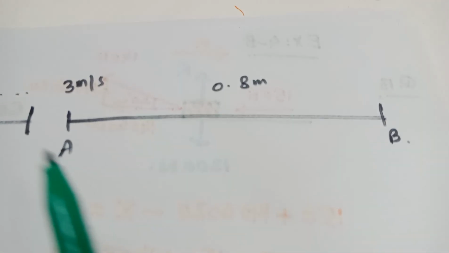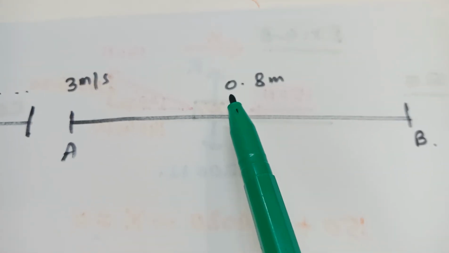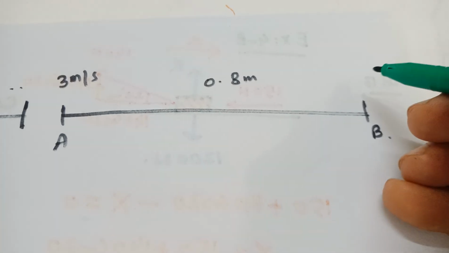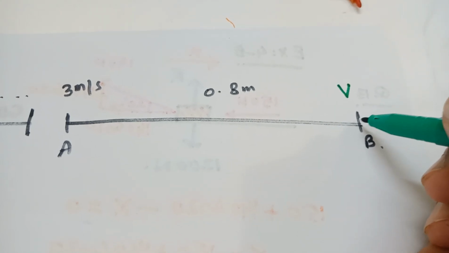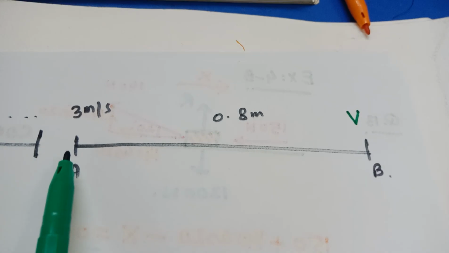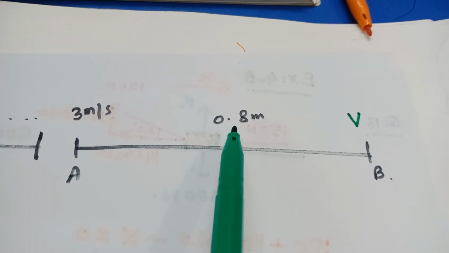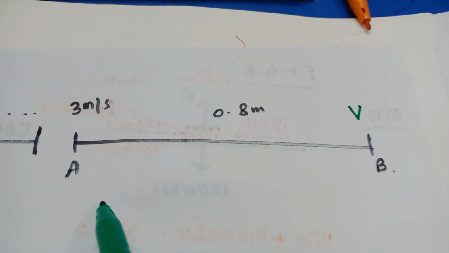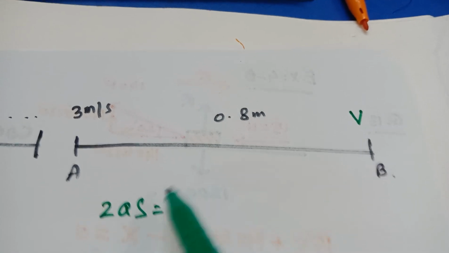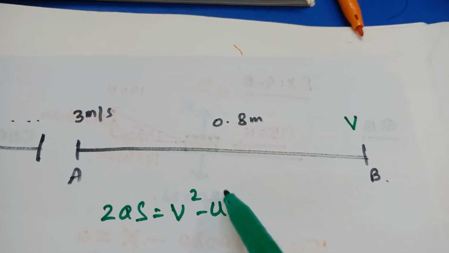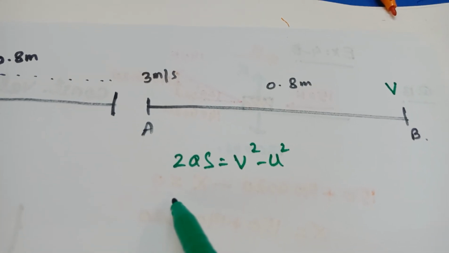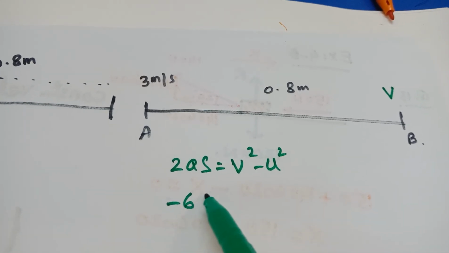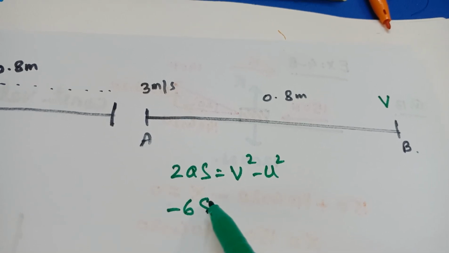Now let's come to this diagram. This is the initial speed, this is the distance. We have to find the speed with which it hits this cushion. We have the initial speed, the distance, and the acceleration. So let's use the equation 2as equals v squared minus u squared. This is 2 into minus 3, which is minus 6, into s, and s is 0.8.